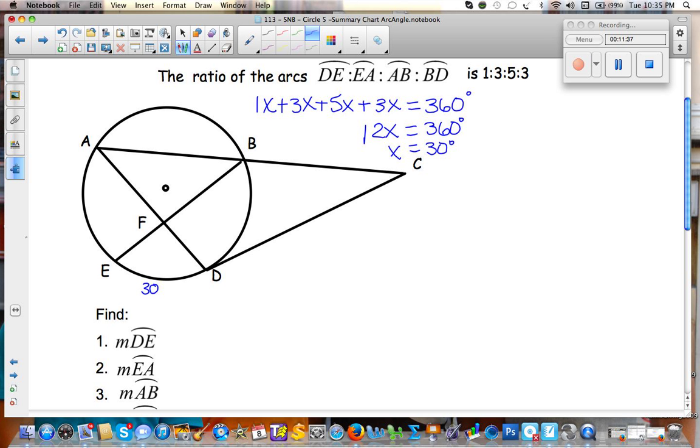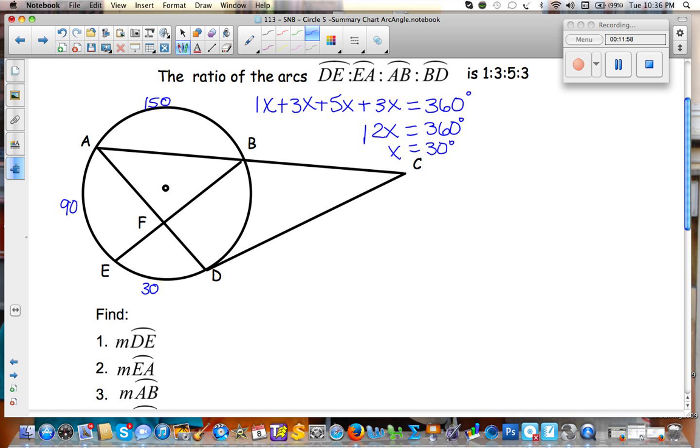So 3 times 30, we have 90 degrees. Arc AB is the 5x. 5 times 30, we get 150 degrees. And the last arc BD is another 3x, so we know that this arc is 90 degrees.